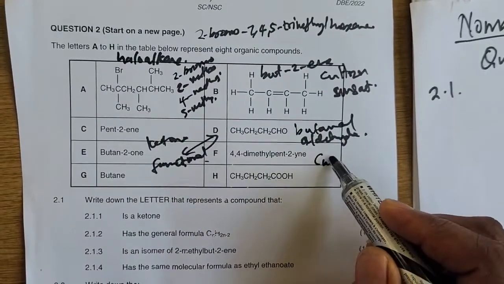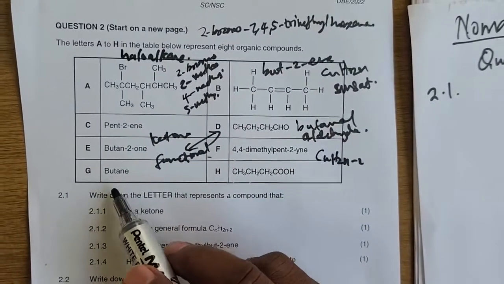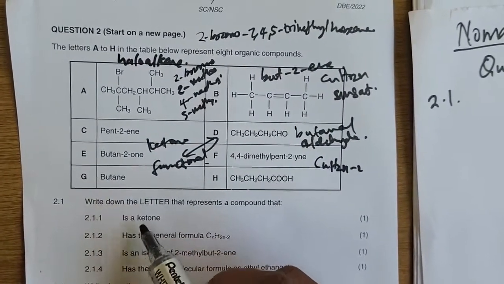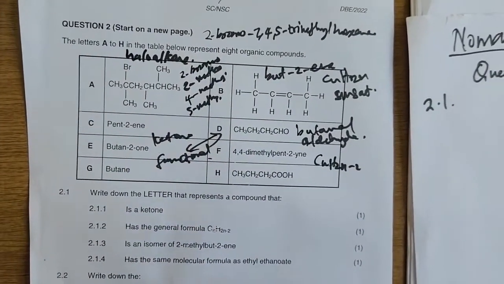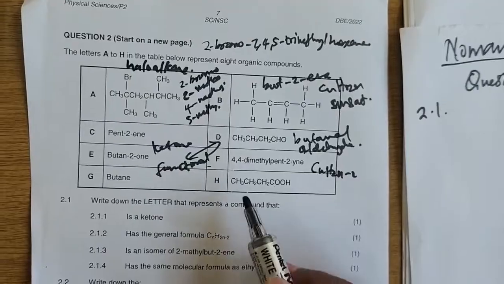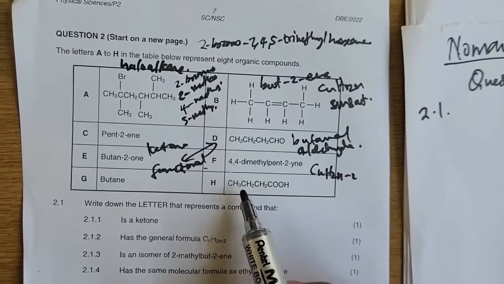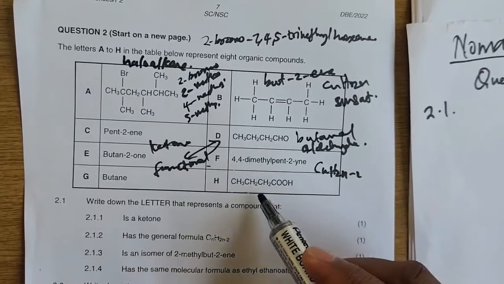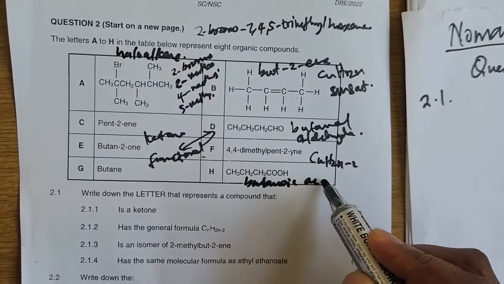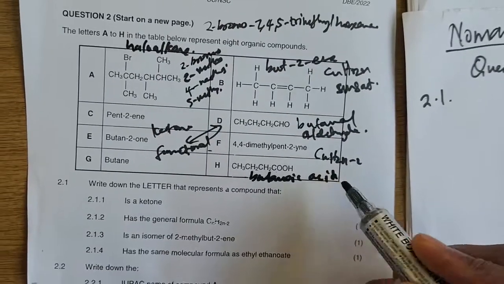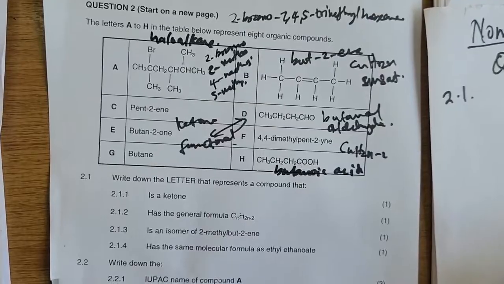Remember, it has CnH2n minus 2. Then butane, G, is C4H10. It does have a structural isomer, 2-methylpropane. H, it's your carboxylic acid, 1, 2, 3, 4. Therefore, it's butanoic acid. Remember, butanoic acid will also have functional isomers in esters.